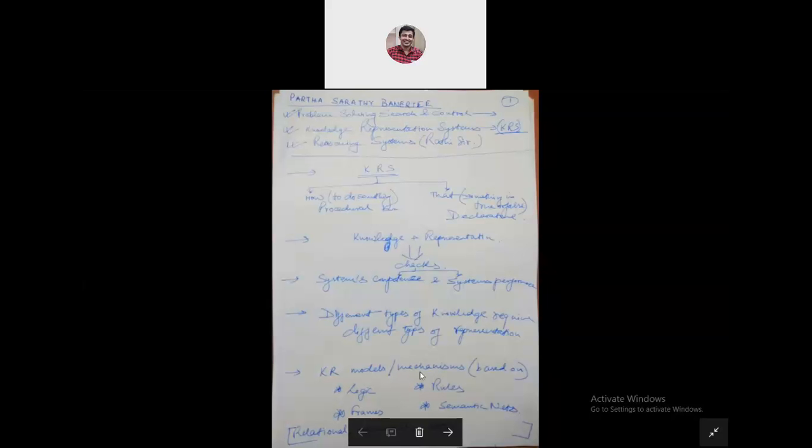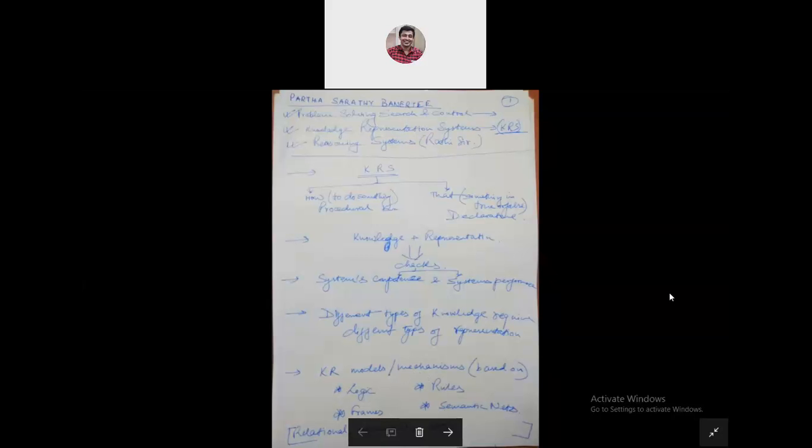Somebody may even ask you what the knowledge representation mechanisms are, I mean the distinctions based on mechanisms or models. If I'm talking about the distinctions based on mechanisms and models, I can call it purely a logical representation. But if I talk about KR models exclusively, or mechanisms on which this distinction is based, I can say that I can have logic, rules, frames, and semantic nets.